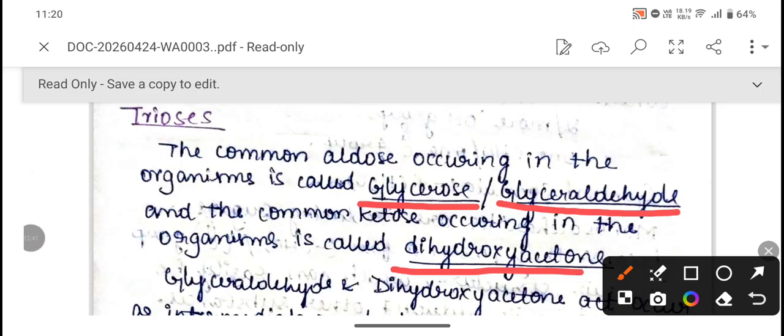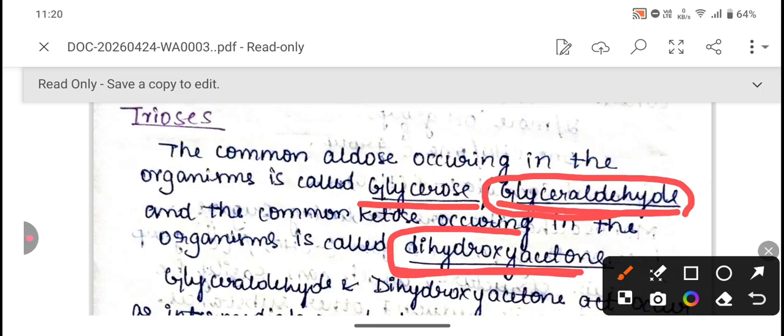You can observe glyceraldehyde 3-phosphate (G3P) and DHAP in the glycolysis pathway. That's why they are referred to as the most abundant forms of aldoses and ketoses in organisms.